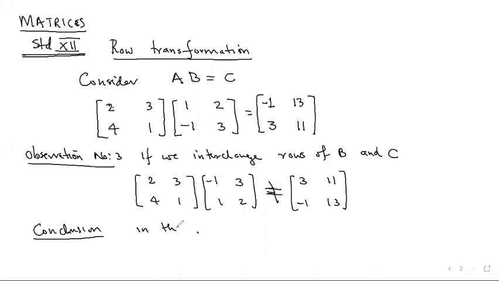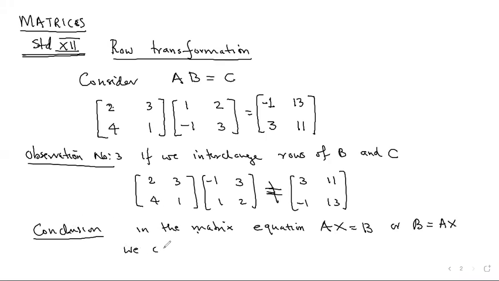In the matrix equation, you can write AX equal to C, or AX equal to B, or B is equal to AX. X is the unknown, or X is the matrix.